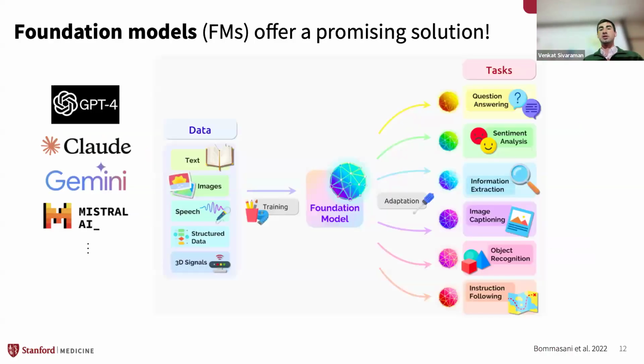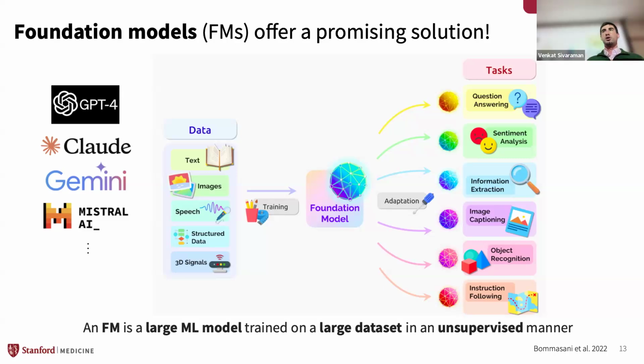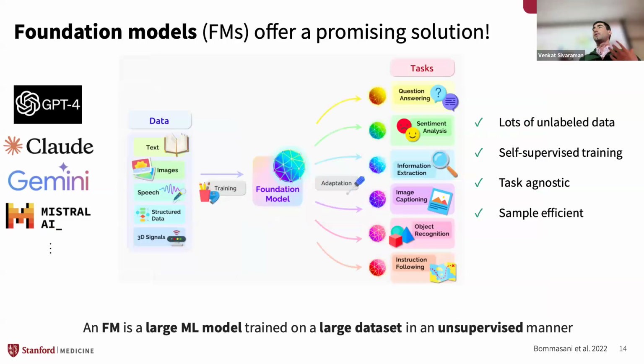And so the natural approach in today's day and age is to throw a foundation model on it. A foundation model is basically just a large machine learning model that's trained on a large data set. And we do this in a self-supervised or unsupervised manner. And this is appealing in the setting of healthcare for a few reasons. First, we have a ton of data, but unfortunately it's unlabeled and it's very hard to label it.